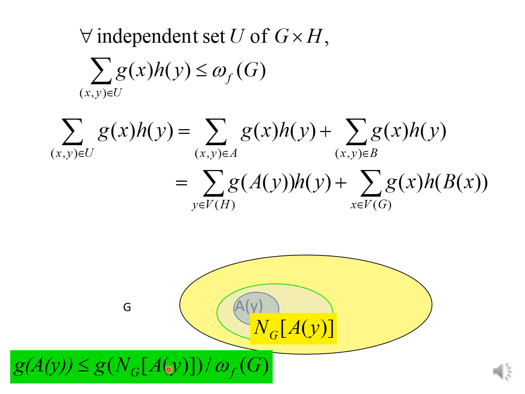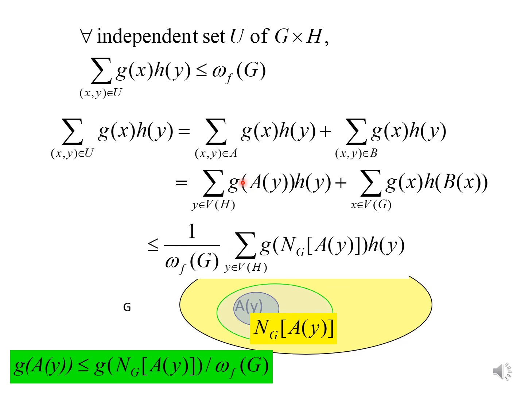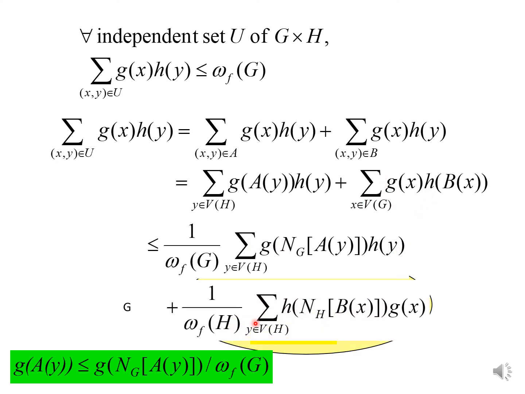I proved this claim. Then plug in here. So this summation is bounded by this divided by the fractional clique number of G. So this is less or equal to this, and similarly this one is less or equal to this one.